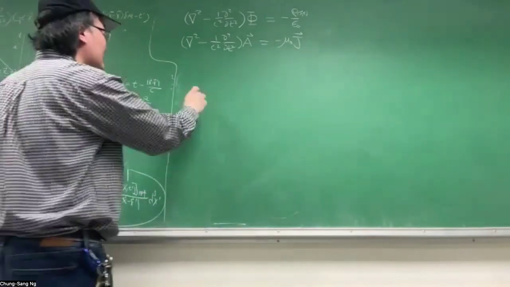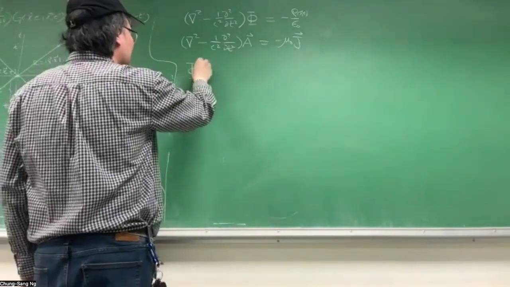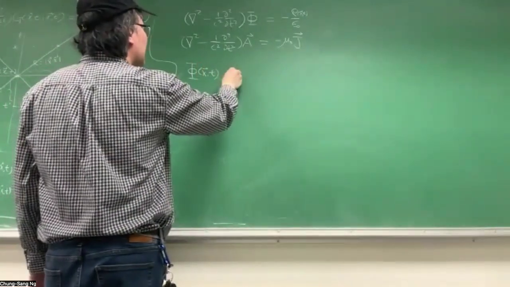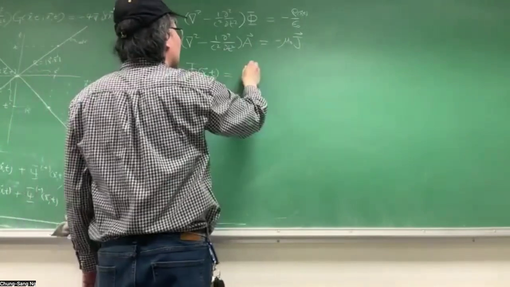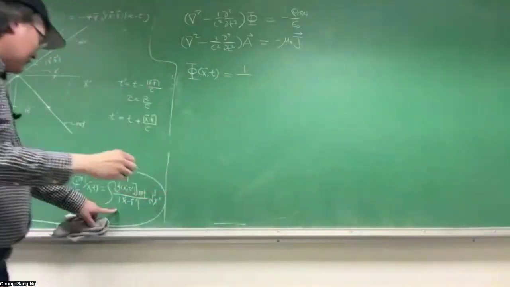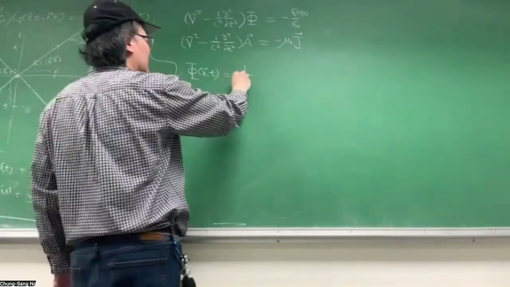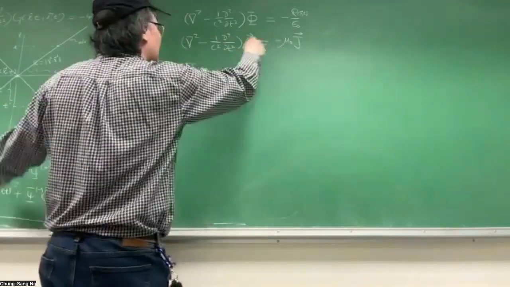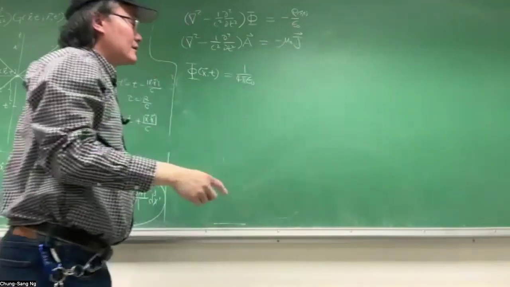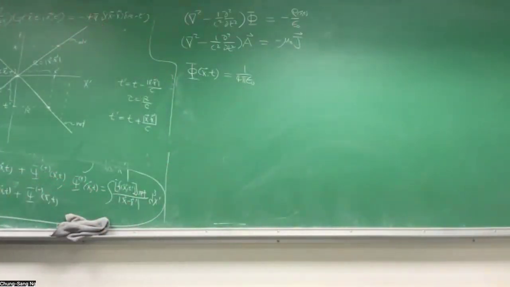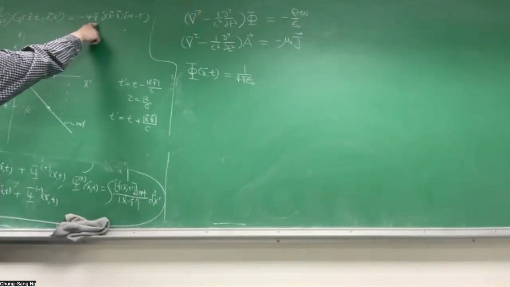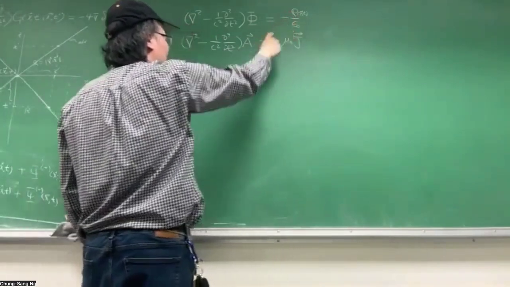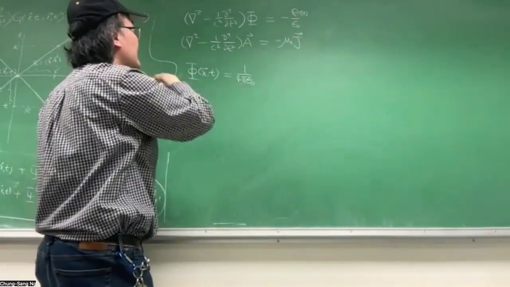Actually, Jackson doesn't even say the label. He just writes down the solution using the retarded solution, with 1 over 4 pi epsilon zero. This 4 pi is there because in the formulation, when we solve the Green function, we have 4 pi times the delta function, so you need to multiply by 4 pi.